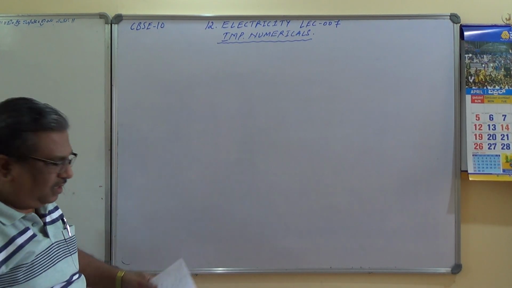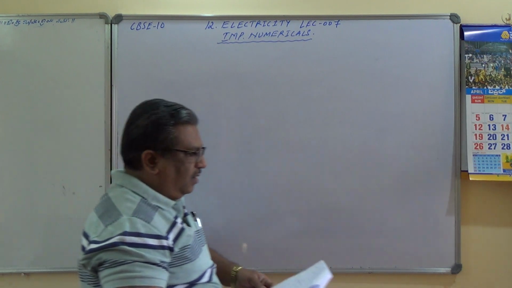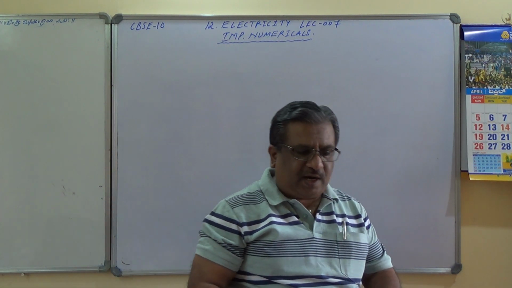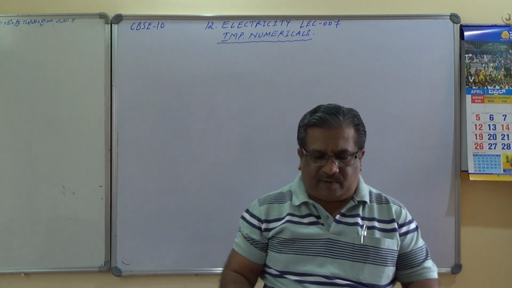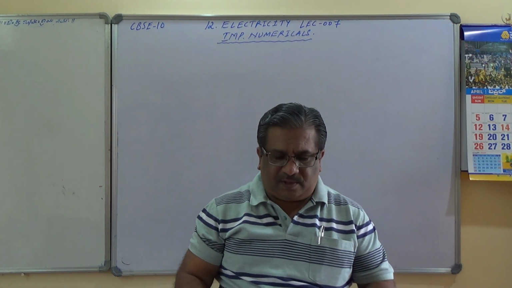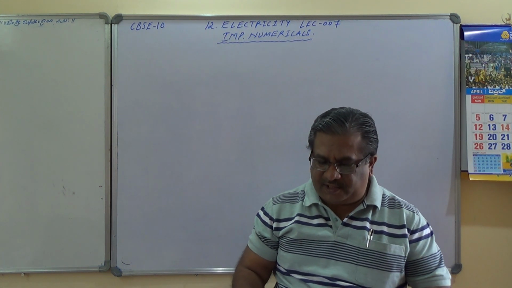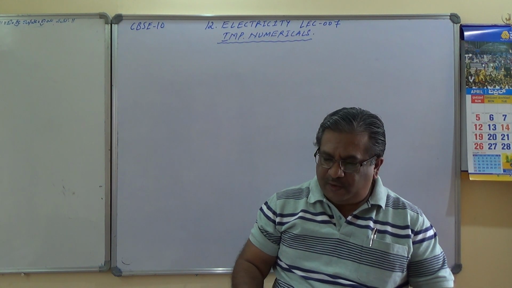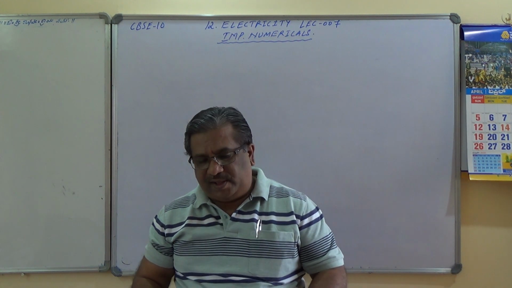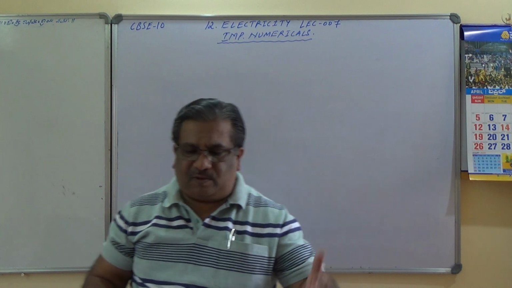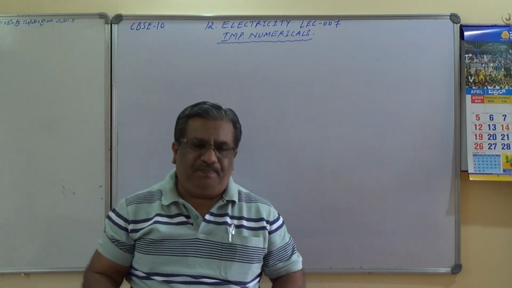Let us see here. One question is there. There are two bulbs, 60 watt 220 volts and 100 watt 220 volts. We have two bulbs.